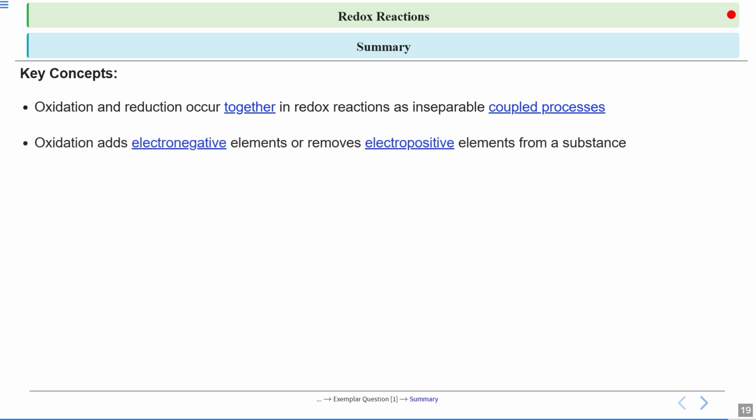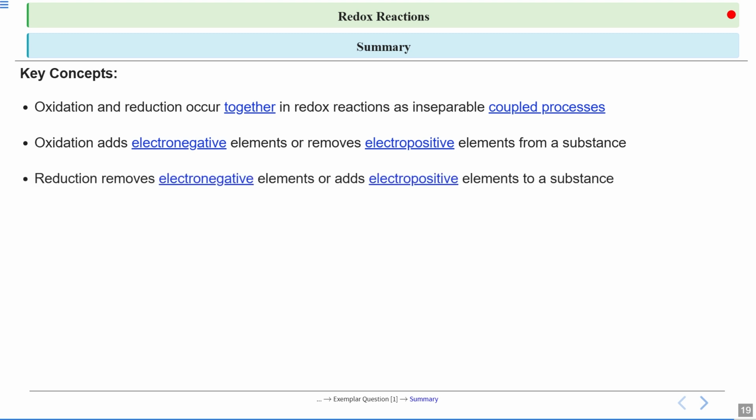Now we know that oxidation is the addition of an electronegative element or the removal of an electropositive element, while reduction is the removal of an electronegative element or the addition of an electropositive element to a particular substance. We have already solved different examples for it.